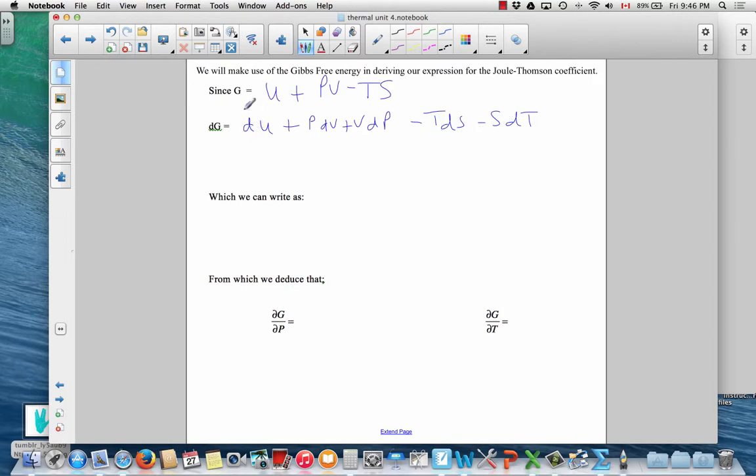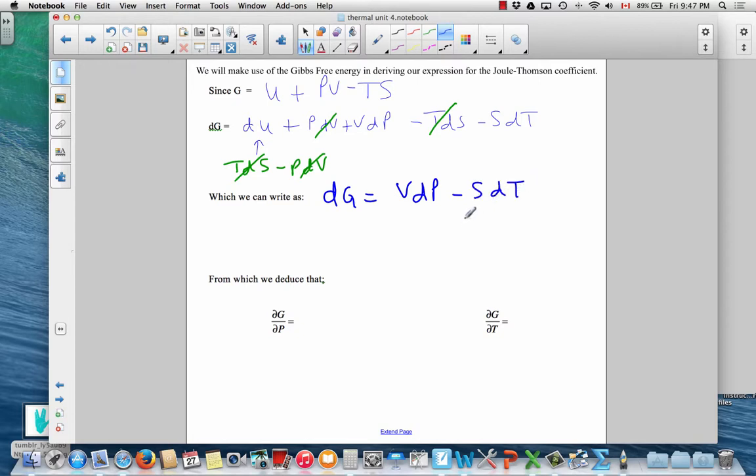Now, the first T dS equation tells us that dU is T dS subtract P dV, at which point we see a T dS goes away and a P dV goes away. So what we arrive at then is the differential of the Gibbs function is V dP minus S dT.